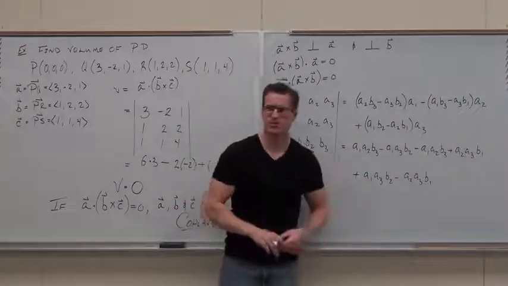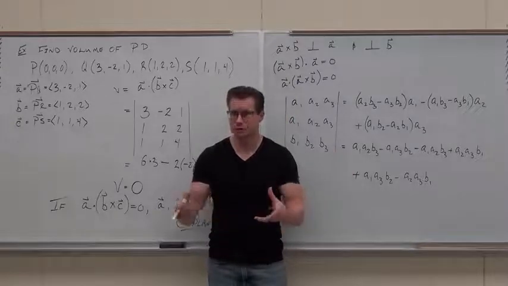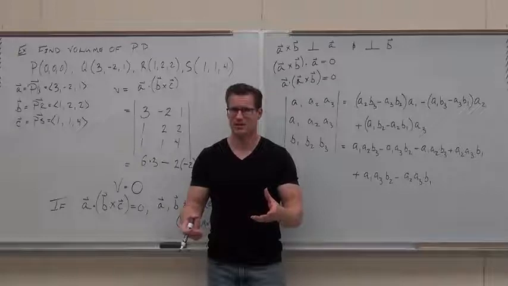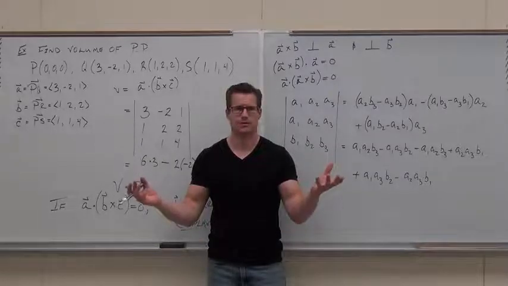That's what I got when I distributed. Did you get the same thing that I got when you distributed? Do you see the magic? What happens to all of this stuff? Yeah, cancel.